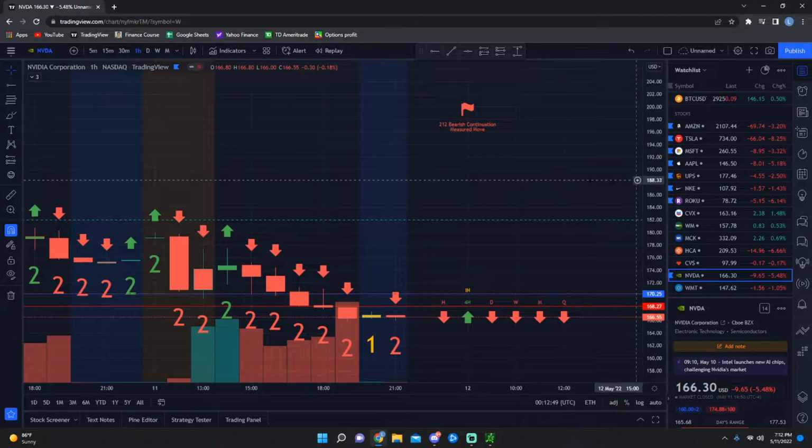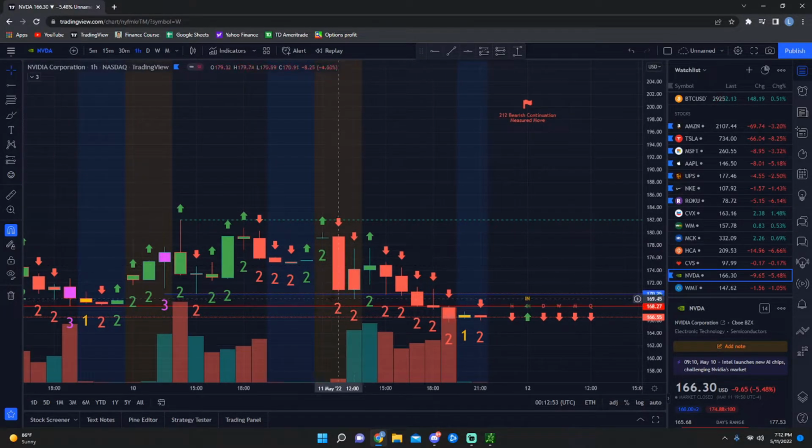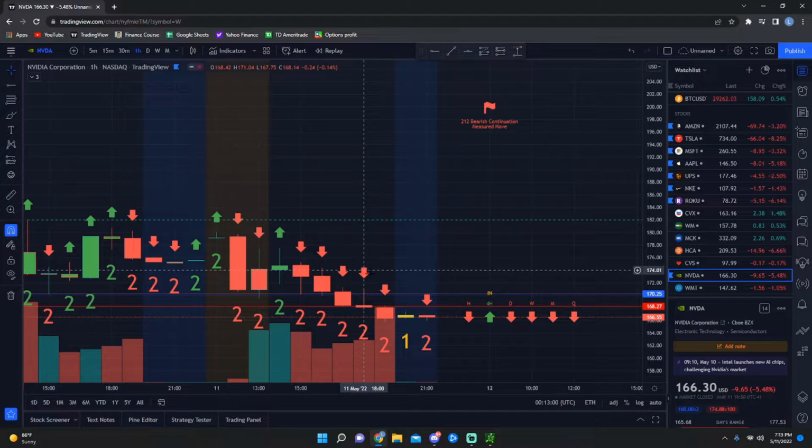If you go to the hourly... Oh wait, okay, I see. I was looking at the wrong one. So if you get to the hourly, it broke here and then went up again, all the way back up here, and stayed above. It stayed up here for a couple hours, and then once it rebroke, that's when it went to the target and stayed down.